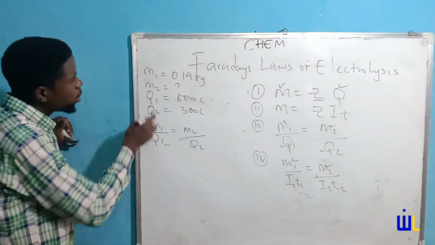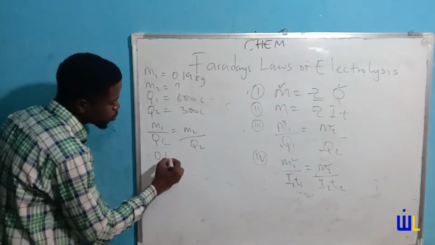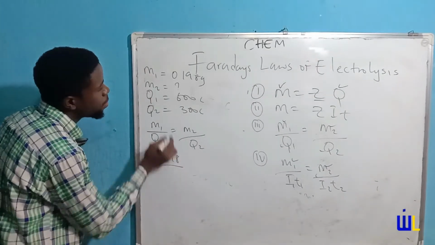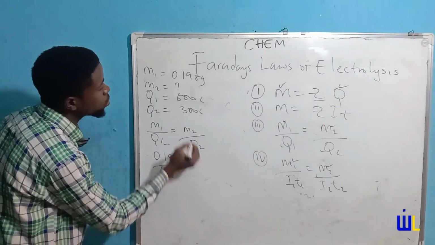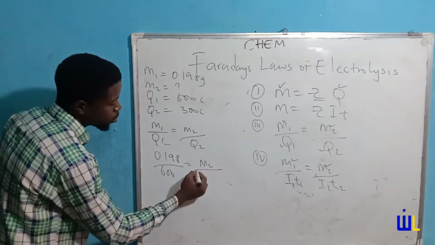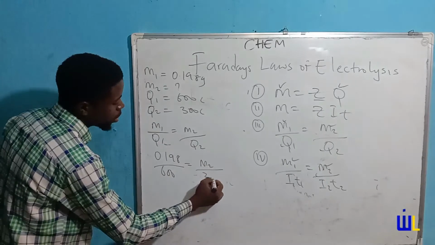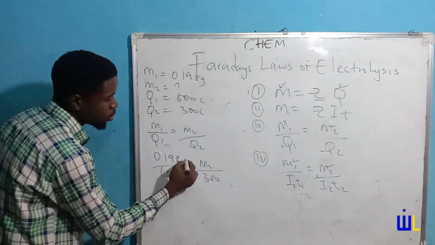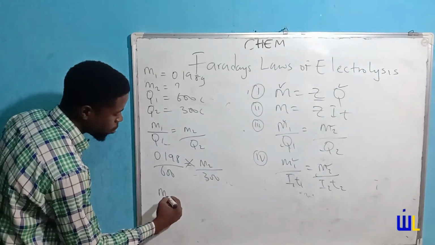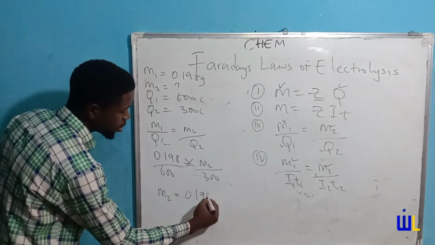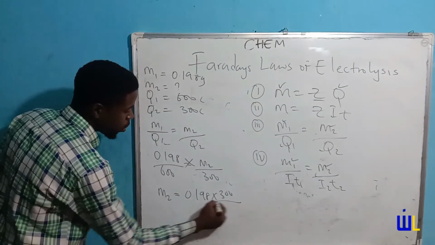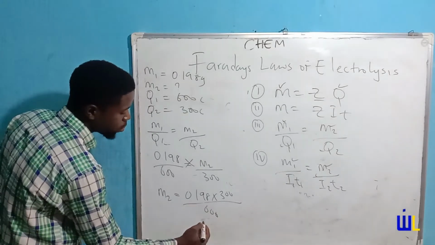What does this imply? The mass of the first one is 0.198 divided by the quantity of electricity, 600, which equals the mass of the second one, which we don't know, over 300. What should be done at this point? Cross multiply. Therefore, M2 is going to be equal to 0.198 times 300, all divided by 600.